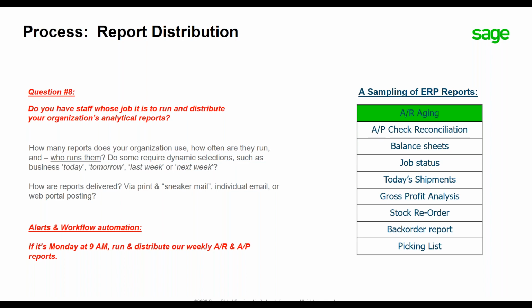Distribution. So do you have staff who run jobs, distribute and organize analytic reports? They may be AR aging reports, which you may be generating at the end of the month or end of the week. Check balance sheets, job status, shipment statuses, right? So maybe you want to send your shipping department the orders that ship today, the orders we're expecting to ship tomorrow, and the orders we're expecting to ship this week.